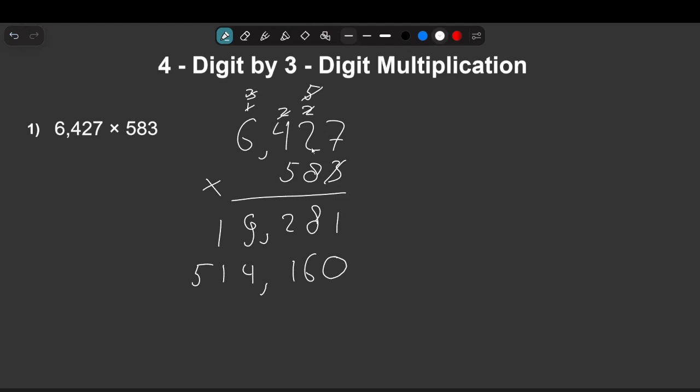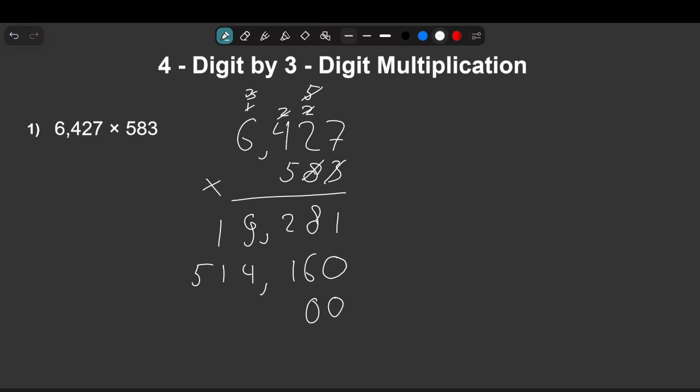We're going to go over to the 100 spot, the 5 essentially. So to do this, because the 5 has a value of 500, we're essentially multiplying 6,427 by 500. So now we're going to write 2 zeros in advance. And now we can start multiplying.